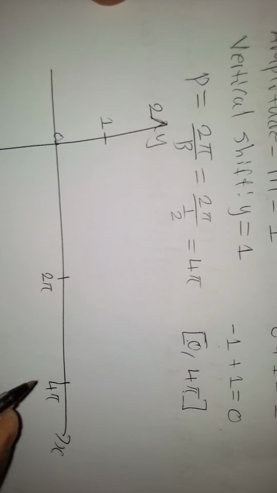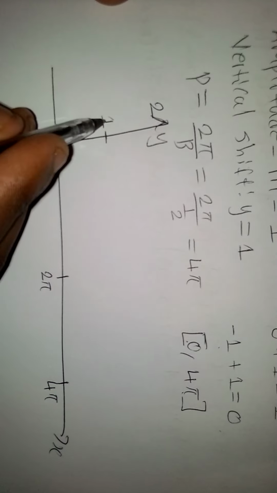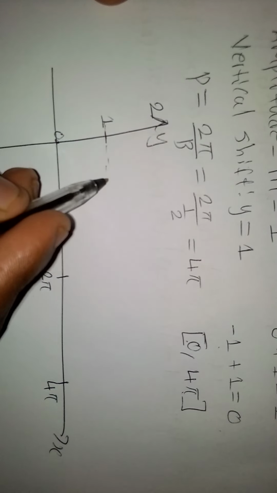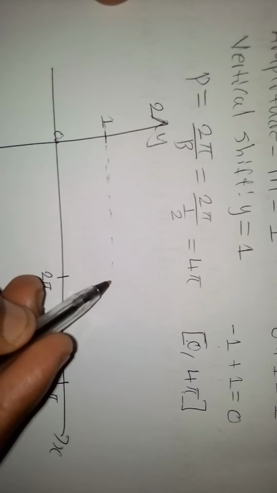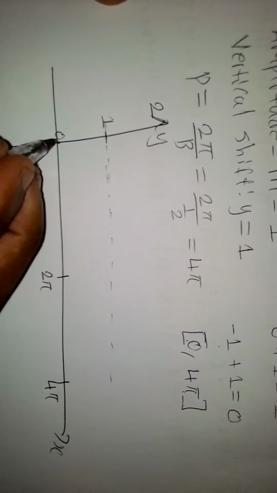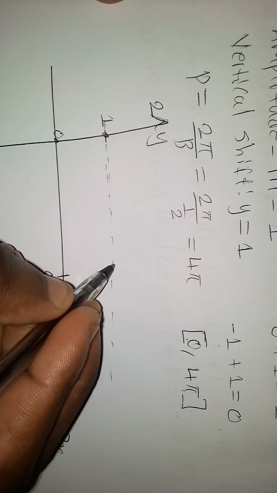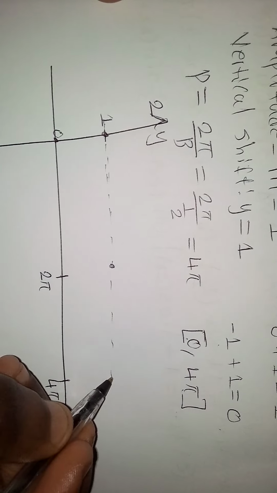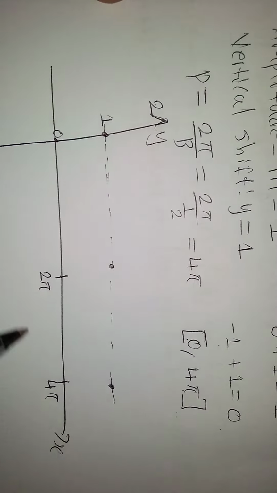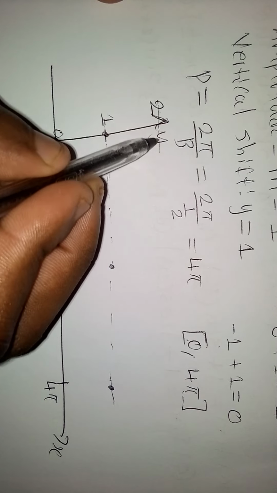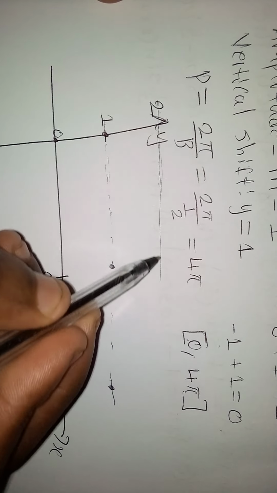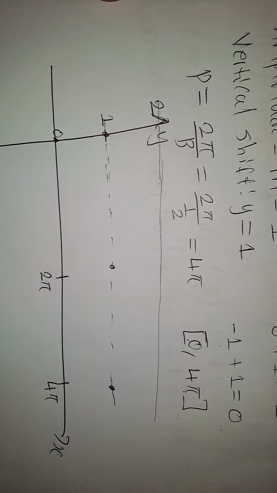The x-axis has been shifted to 1, meaning that this point here is now here. 2 pi is somewhere here now, and 4 pi is at this point here. So the graph is within 0 and 2 on the y-axis.